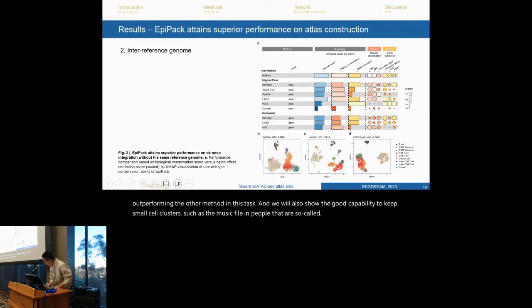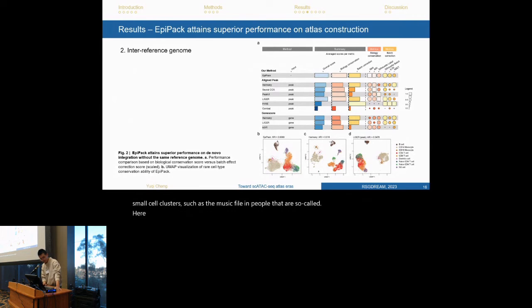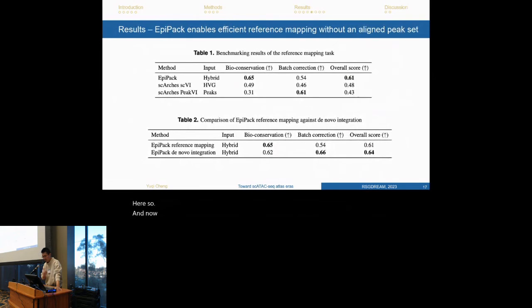And now we can move to the reference mapping task. And we then test whether ATAC-seq can successfully map new data with a pre-trained model. So in this benchmarking test, we used 20,000 PBMC cells as a reference and 10,000 PBMC cells as a query.